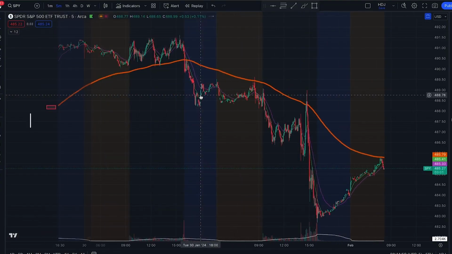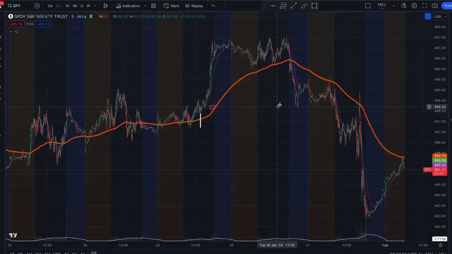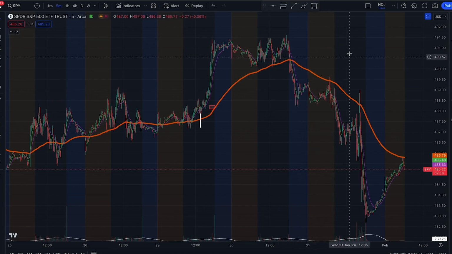So we zoom out, you see the 5-minute chart and all the days: the trading day, post-market of that same day, pre-market of the next day. The trading day is what we call intraday, during the trading day from 9:30 a.m. to 4 p.m., and then the post-market activity.